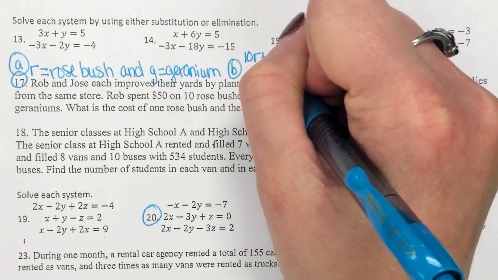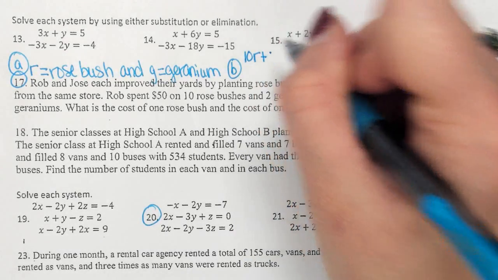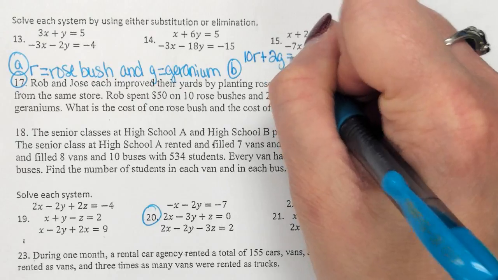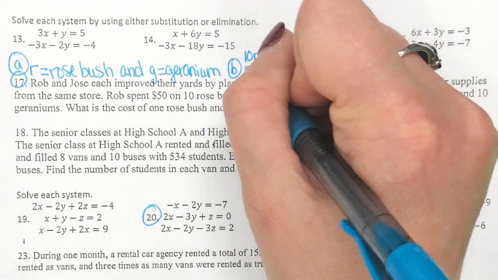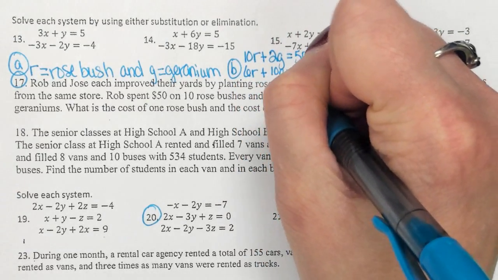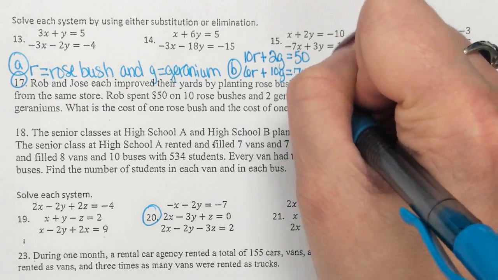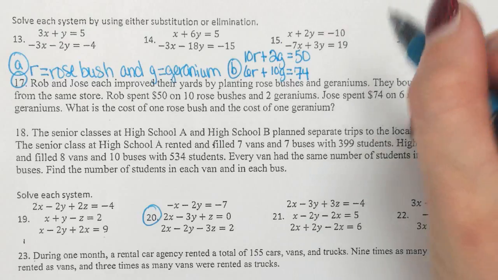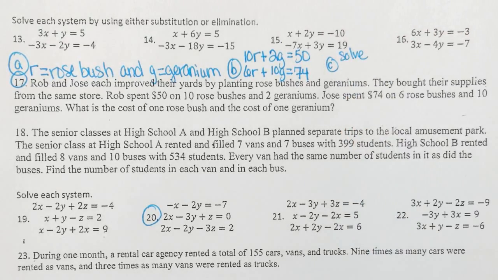Yeah, 10R plus what? 2G and then equals 50. You can write it backwards if you want to. Most people are just used to seeing it that way. All right, what's the next one? What will we write? 6R and 10G equals how much? 74. That's part B. And then part C on your test would be to solve it. So you would solve it. Okay, does that make sense to everybody?